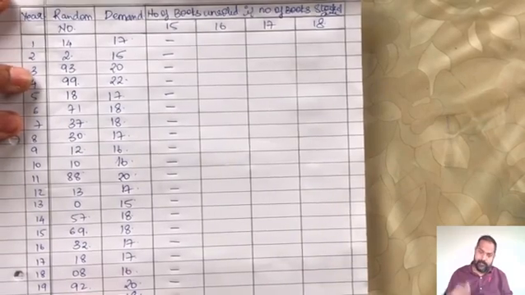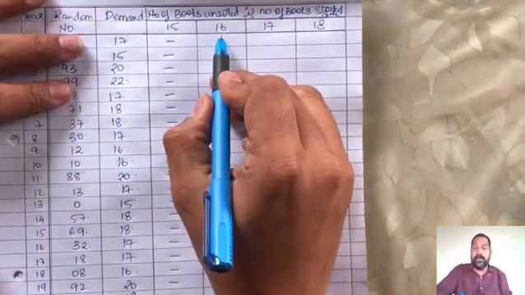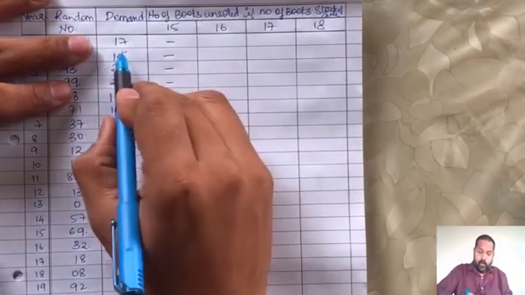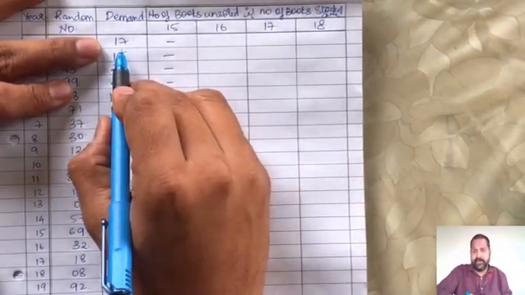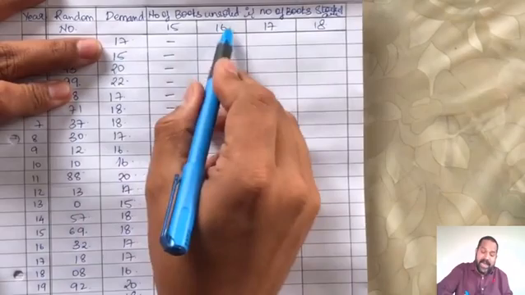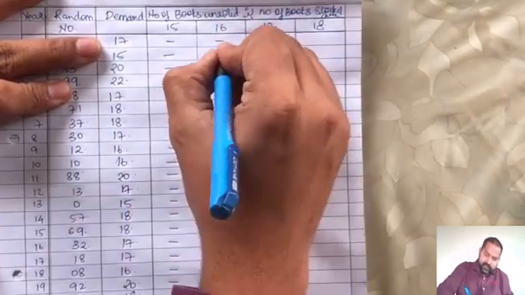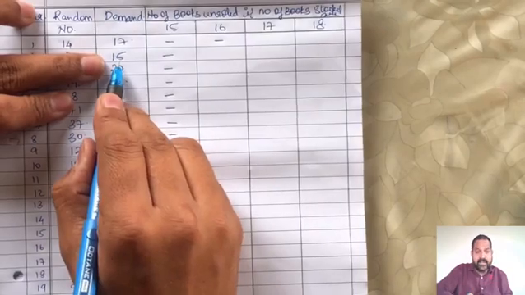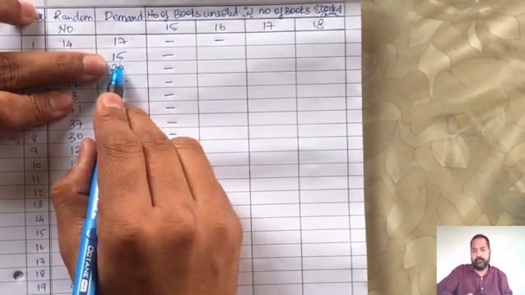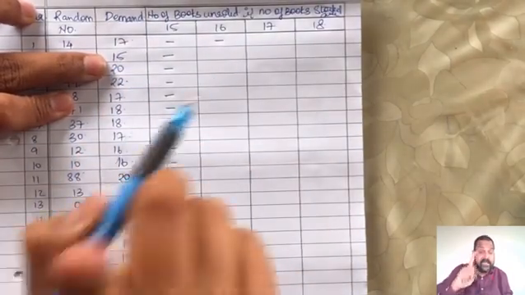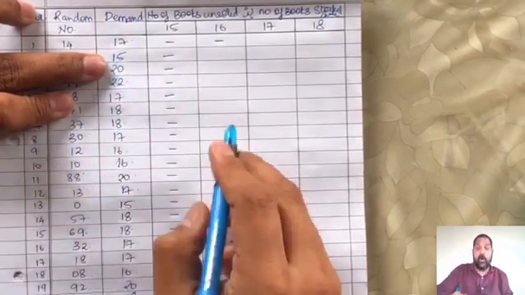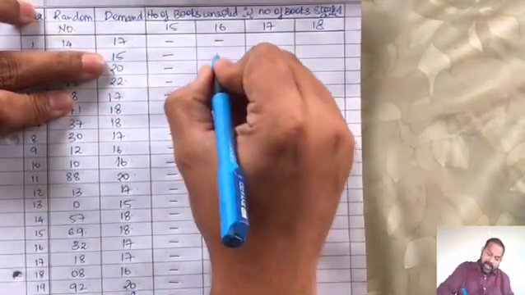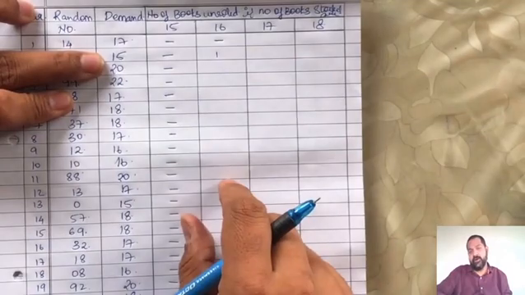So again the same. How many books are you stocking? 16. What is the demand? 17. Will you be able to sell all the 16? Yes. What if I am stocking 16 books and the demand is 15 books?